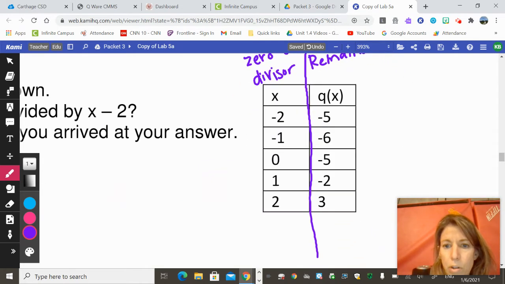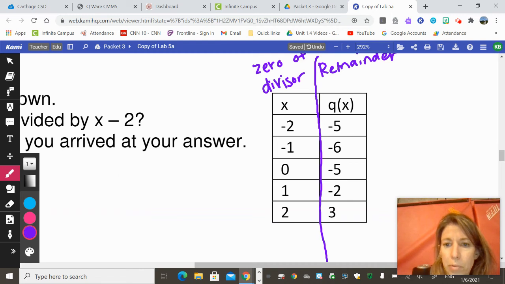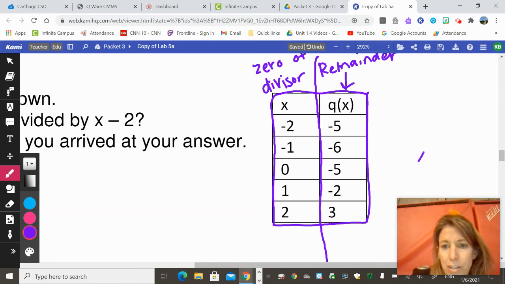We can actually look at our table right now, and we don't see any factors because I see no remainders that are equal to 0, so I don't see any factors listed.